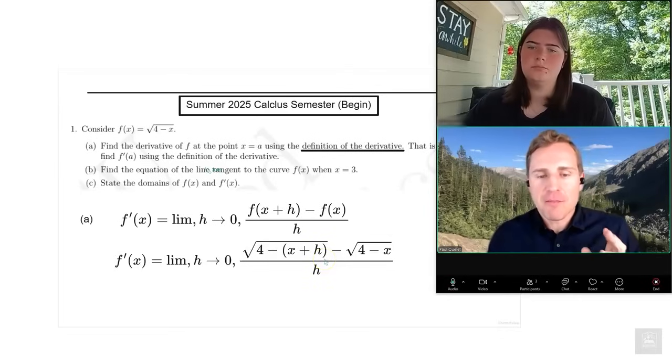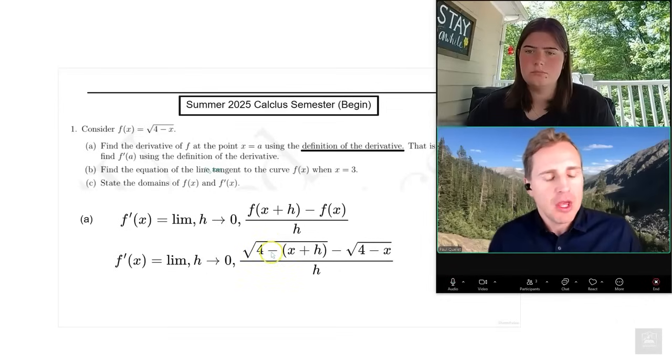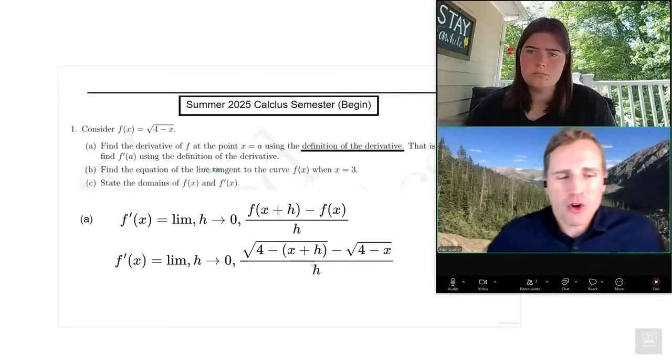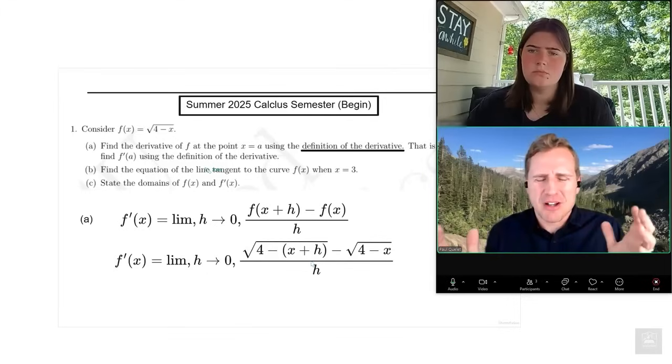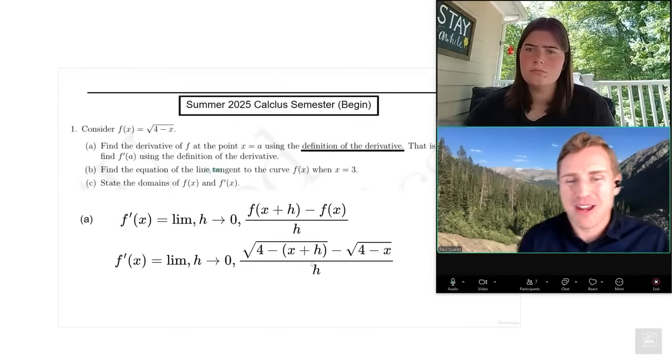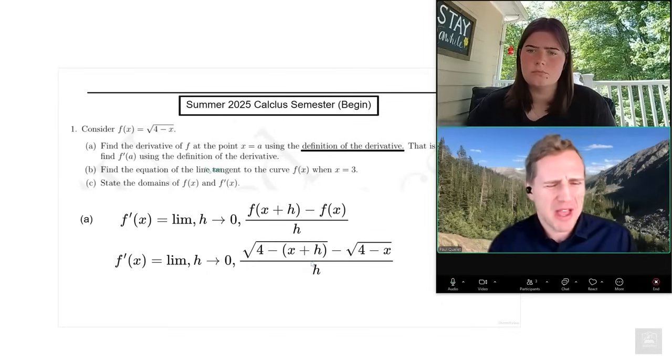Now, a very important thing is about to also come up. Yes, we could distribute the minus to both terms, but how in the world can we get things to work themselves out when doing this definition of a derivative? In other words, we need to get terms to combine and things to simplify, right? How in the world can we do that when we have such a complicated expression with square roots?